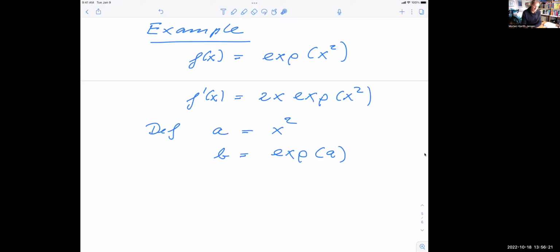Now if you go to the next case, if we recalculate this one, we would have two floating point operations here, and then a multiplication, which is another one, and then a new multiplication with 2 times x. So if we were not to think here, we would calculate f derivative using 4 floating point operations, compared to the calculation where we have pre-calculated a, and we end up with only 2 floating point operations.